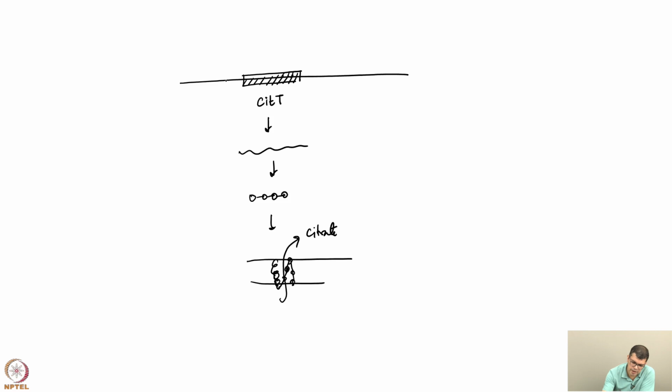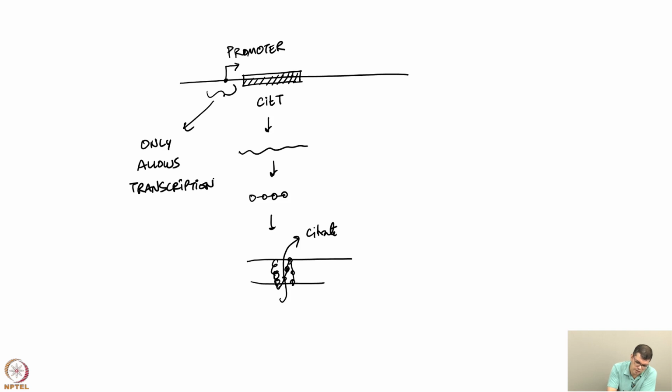This is controlled by the region upstream, which is called the promoter region of CitT. And this promoter region does not allow for transcription in oxic conditions. So, this promoter region only allows transcription in anaerobic conditions.